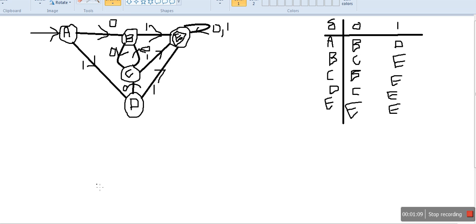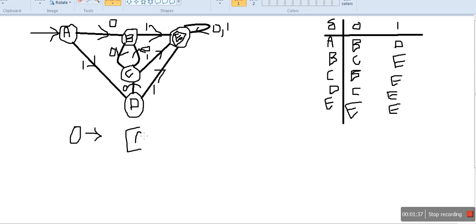Now first of all we write the zero equivalence sets. In zero equivalence sets we make the sets of final and non-final states.